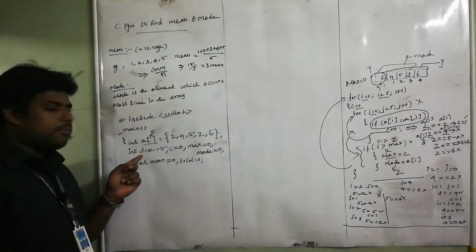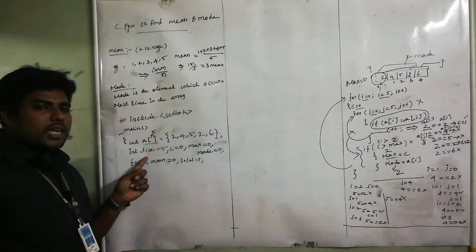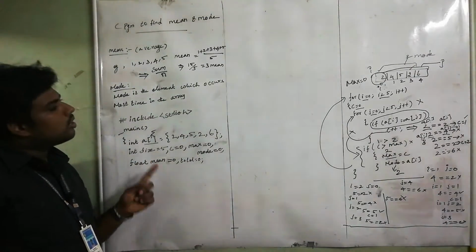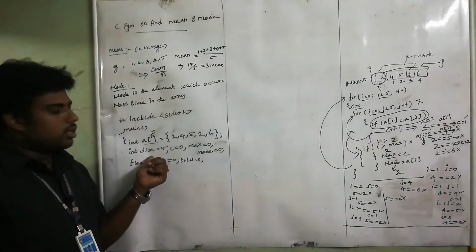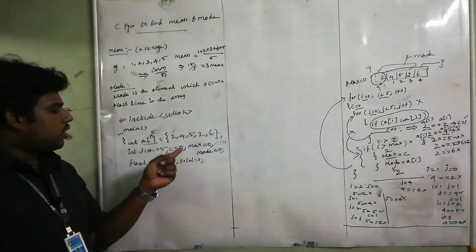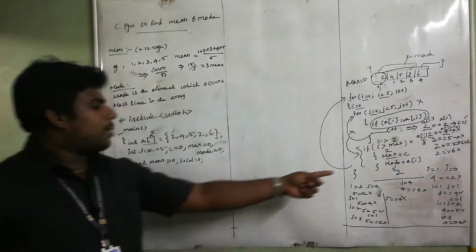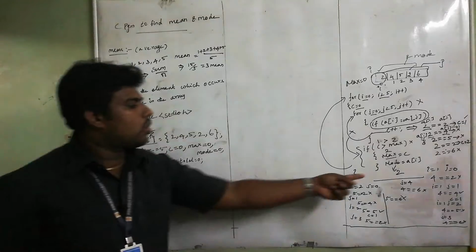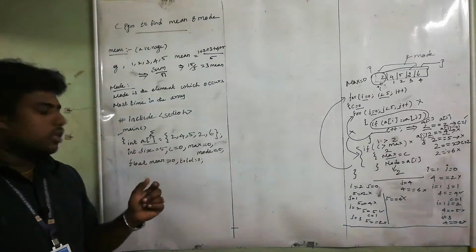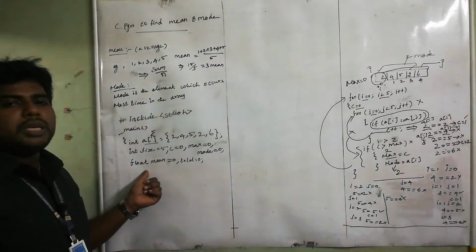So I am initializing another variable for the loop. Okay, here I put 5, right? For that I am taking size equal to 5. Then counter c equal to 0. Then for taking the maximum, max equal to 0. Then for printing the mode equal to 0. Then I want to find mean also, right?